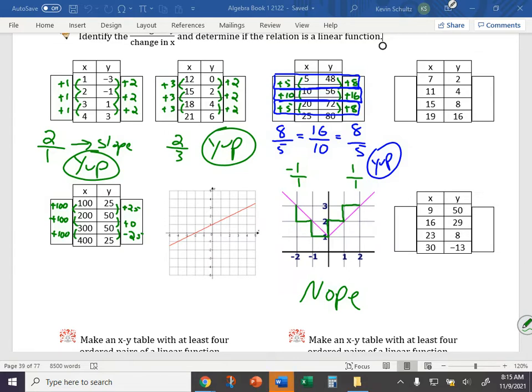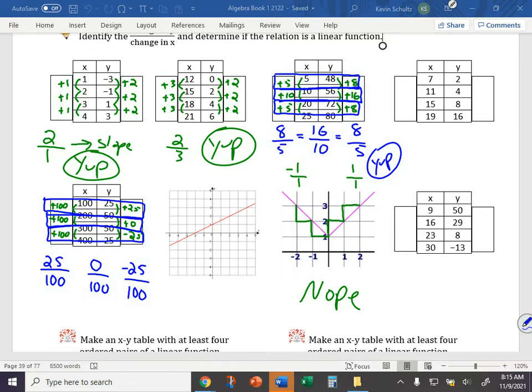So clearly, these are different as far as numbers. We kind of fell into a trap with that one. So let's look at these rates individually. The first one is 25 over 100. The second one is 0 over 100. And the third one is negative 25 over 100.